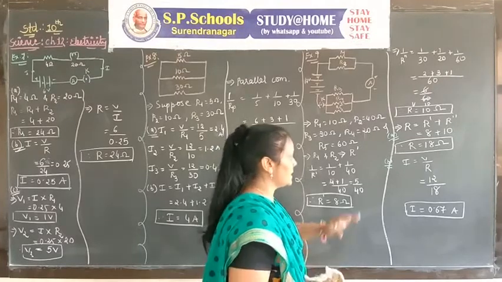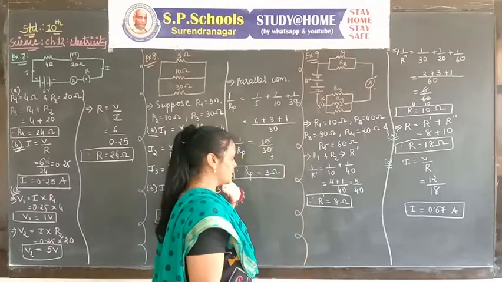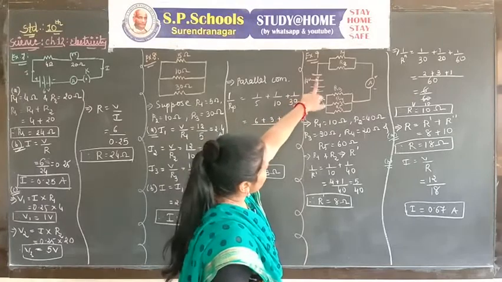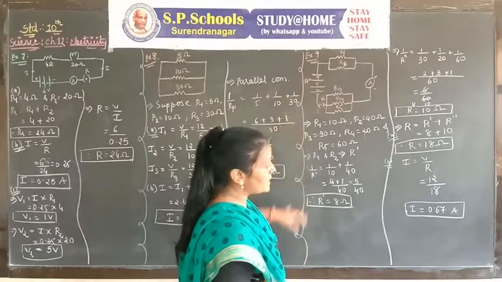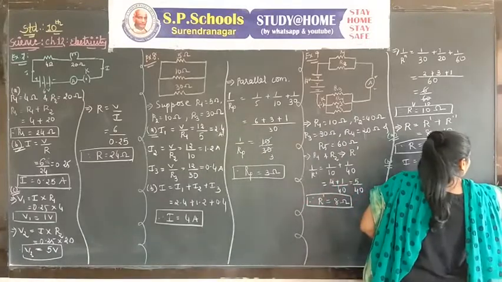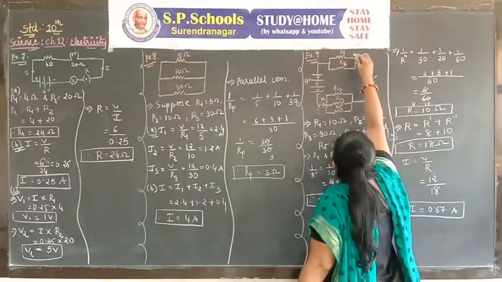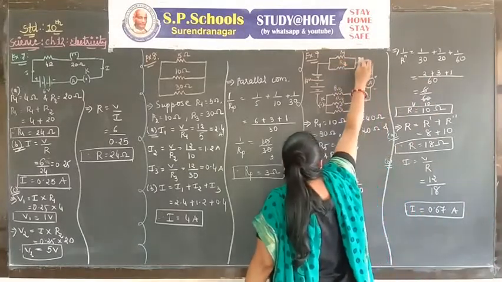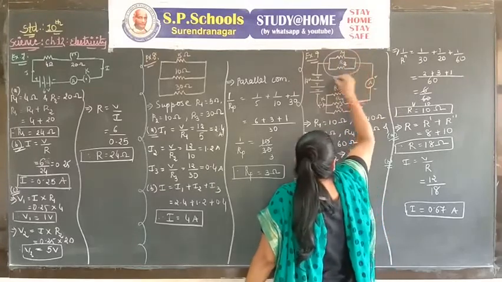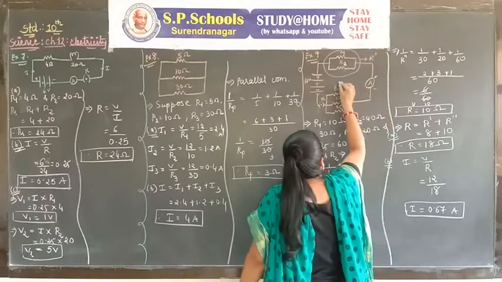We find resistance and electric current in a simple way, but we must already know which type of combination occurs. If we find the wrong combination, the calculation will be wrong. Here 2 resistances are given, so they are arranged in parallel, and we find R dash.